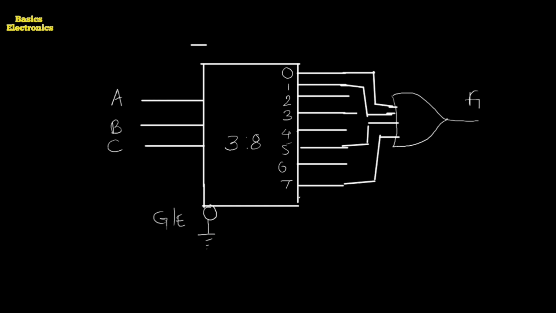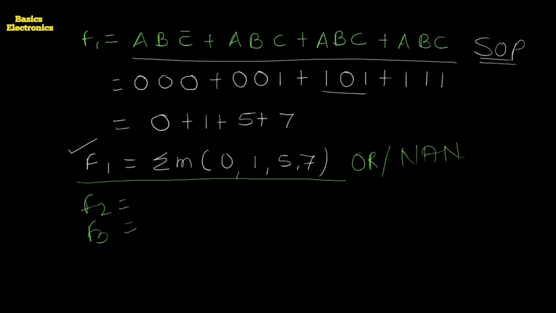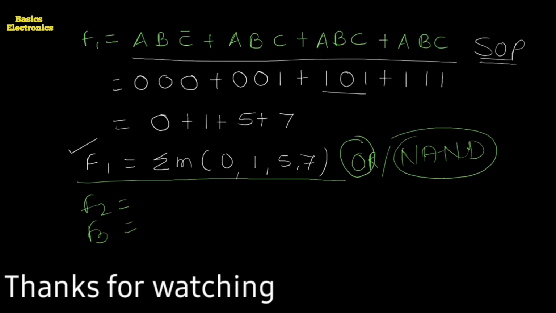The equation may be given like F1 equals summation of minterms 0, 1, 5, 7, or two equations may be given, F1 and F2, or three equations may be given. For one equation we require to use one OR gate or one NAND gate. If the output is active high, then we use the OR gate, and if the output is active low, then we use the NAND gate. Okay, but how to solve by using the truth table, that we have to see in the next video lecture.